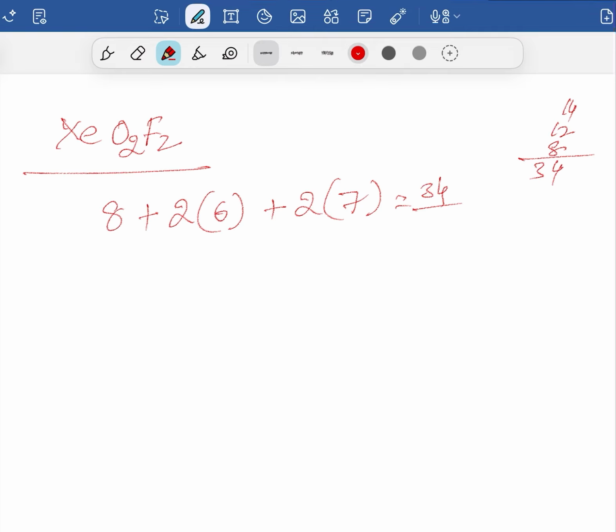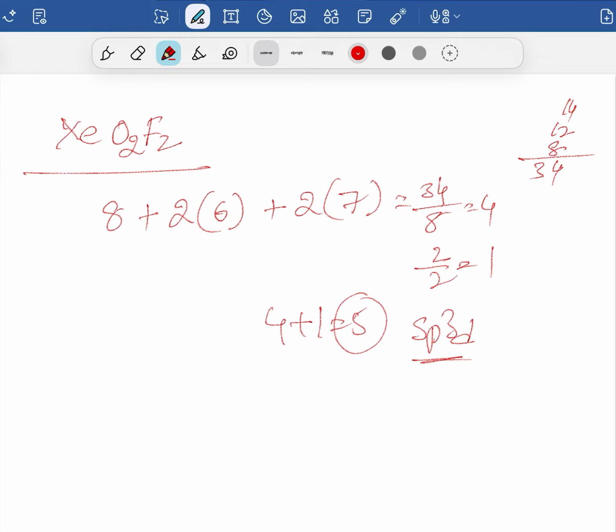Therefore 34 divided by 8: 4 times is cancelled, 8 fours are 32. The remainder is 2, and 2 divided by 2 is only 1. Therefore 4 plus 1, the total value is 5. The 5 is sp3d hybridization.